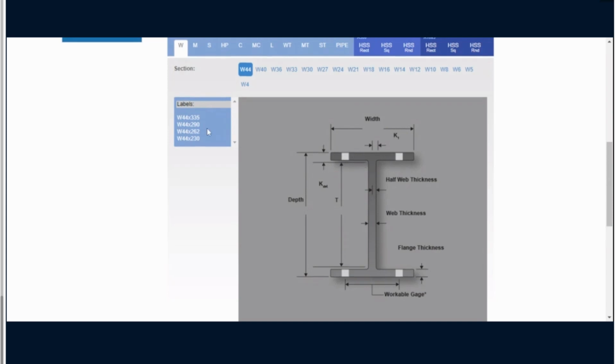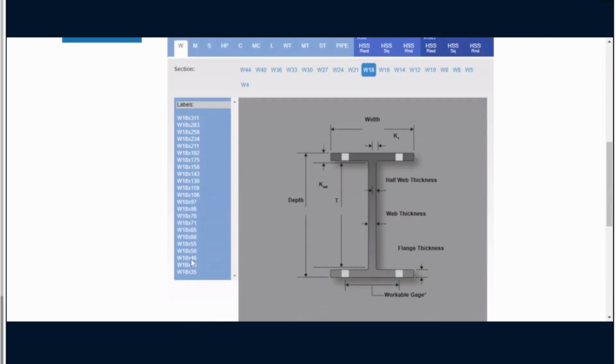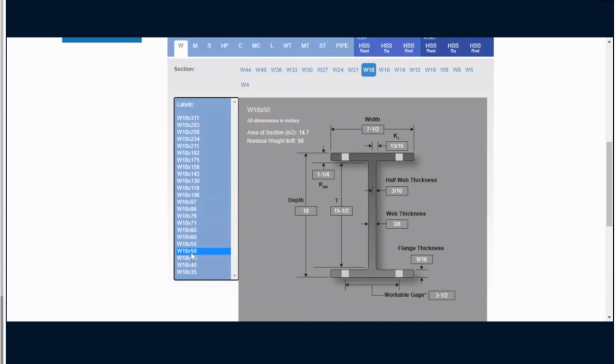Okay. So for example, you want W18 by 50. You select W18 and then you pick W18 by 50. Those are the dimensions. It also gives you the area, the nominal weight, and the dimensions here.